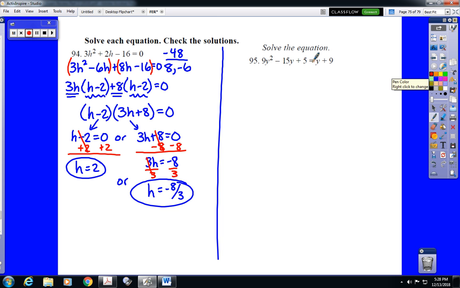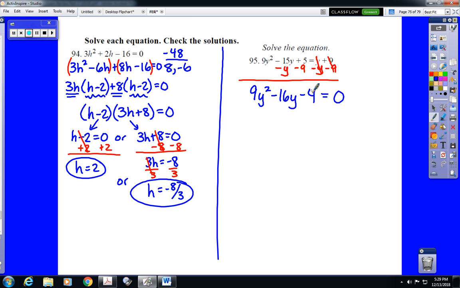All right. On this number 95, it doesn't equal 0 yet, so we can't start the problem until it equals 0. So we want to move the y and the 9 to the left side before we start. That would give us the equation 9y squared minus 16y minus 4 equals 0. So 9 times negative 4 is negative 36.